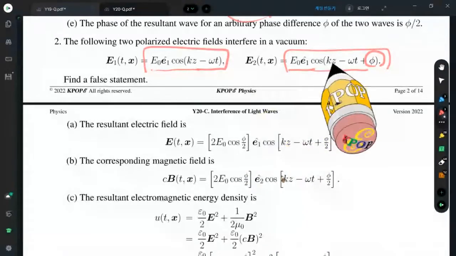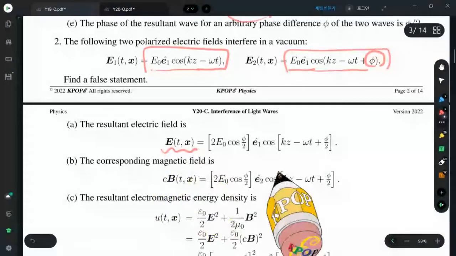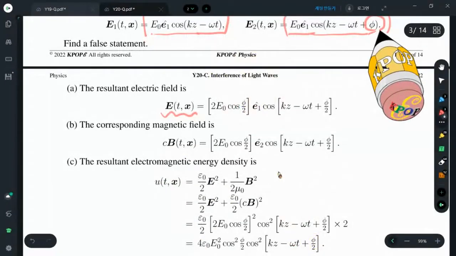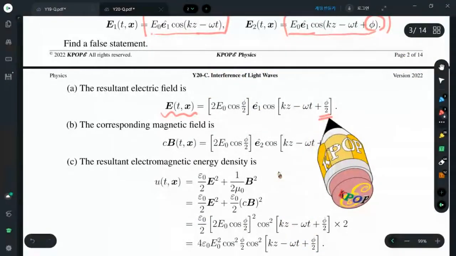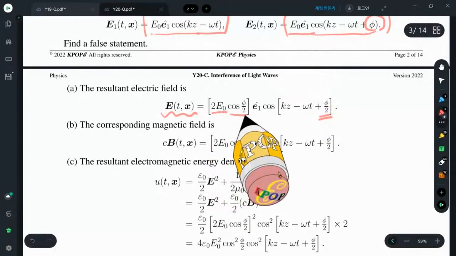The sum of these two leads to a resultant wave because there is a phase difference phi. The resultant phase is 1/2 of phi. The amplitude is 2 times cosine 1/2 of phi.